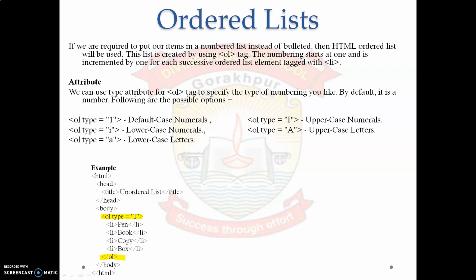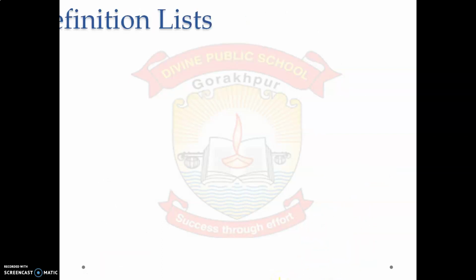If we use an unordered list, then we have to use ul type equal to whatever type we want, like square, circle, or disc. Okay, what is the output of this? Here see the Roman numbers 1, 2, 3, 4 appear with the text. Okay, we go to the next.